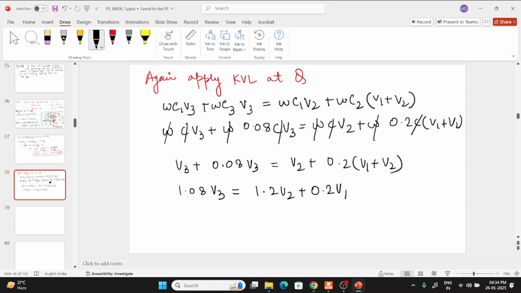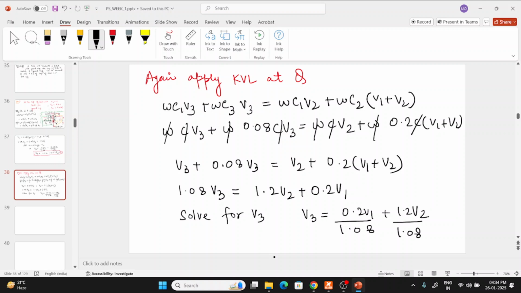Okay. Great. Then again, we will solve it for V3. If we solve it for V3, it is quite clearly 0.2 V1 divided by 1.08 plus 1.2 V2 divided by 1.08.